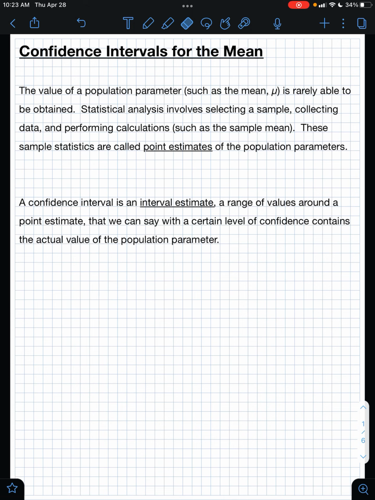So we want to get the population mean, for example, but in most cases it's either impossible to collect data from every member of a population, or it's really not feasible to do so because the population is just too large.